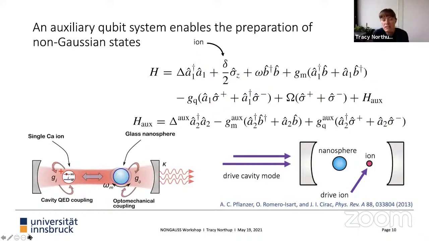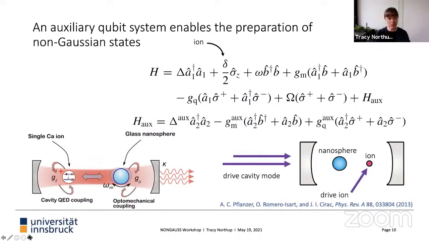And then there's an auxiliary term. In this Hamiltonian above, I've written an additional auxiliary Hamiltonian, which I've now written out here. The key is basically to drive the cavity with a second frequency. So I've now indicated two different frequencies that are driving the cavity, so there are two different frequencies interacting optomechanically with the particle.